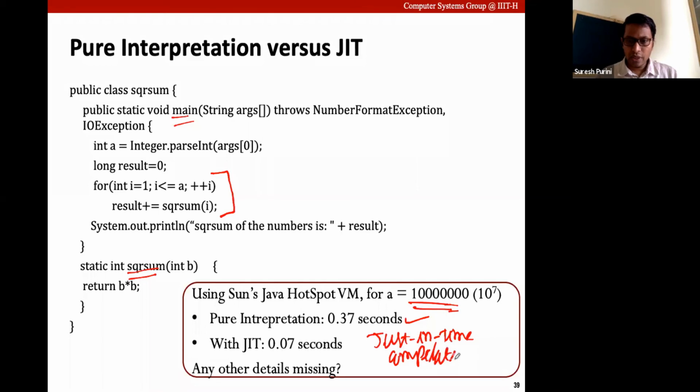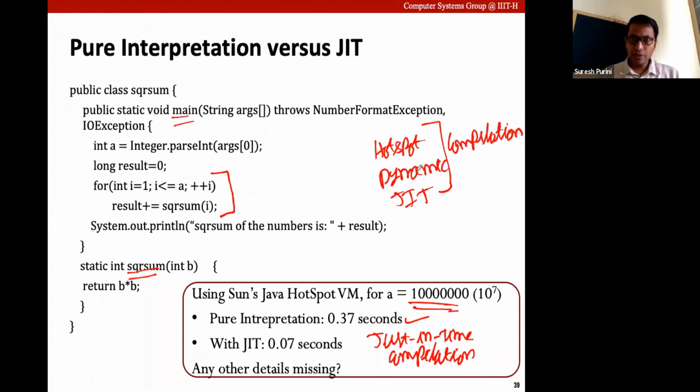There are three terms we use: hotspot compilation, dynamic compilation, and JIT, just in time compilation. All these are synonymous. By using this hotspotting approach, we are able to reduce the execution time from 0.37 seconds to 0.07 seconds.